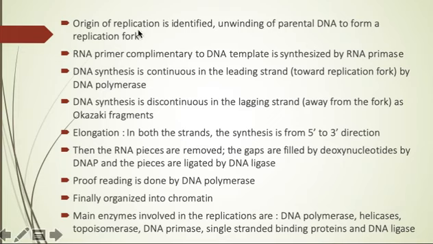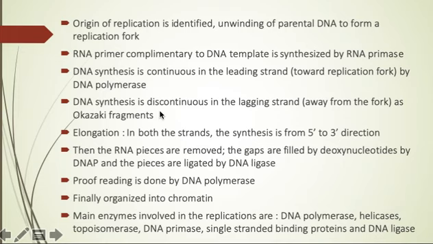Okay, so the origin of replication is identified. Then there is unwinding of the parental DNA to form the replication fork, right? And then the RNA primer complementary to the DNA template is synthesized by RNA primase enzyme. Then the DNA synthesis is continuous in the leading strand, that is towards the replication fork, by the DNA polymerase enzyme.